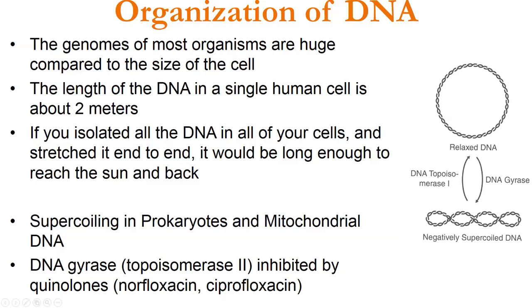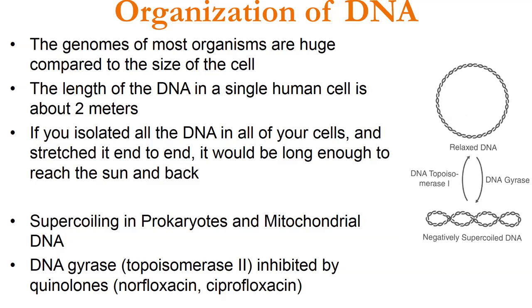So we have to compact it somehow. In prokaryotes, and actually mitochondria have their own DNA, which looks very much like a prokaryotic plasmid. We're going to discuss this more, but in prokaryotes, we supercoil the circular DNA. If you didn't know this already, prokaryotic chromosomes are circular, and eukaryotic chromosomes are linear.